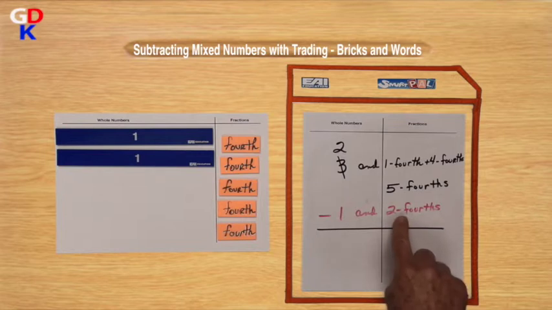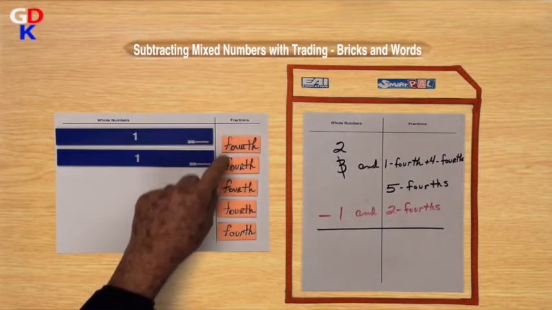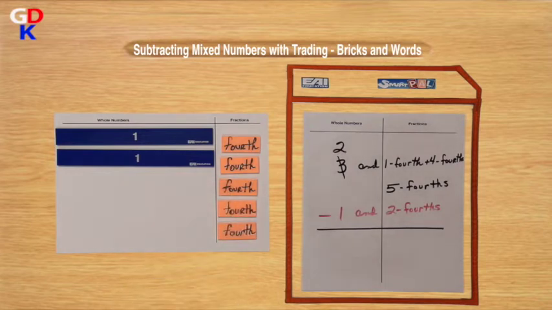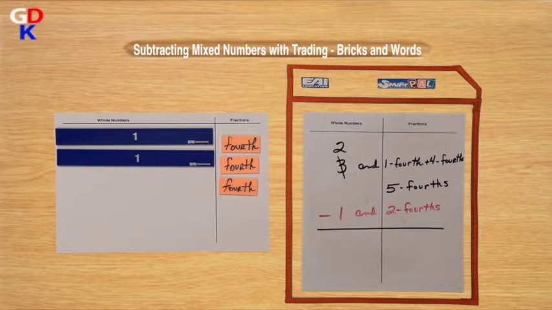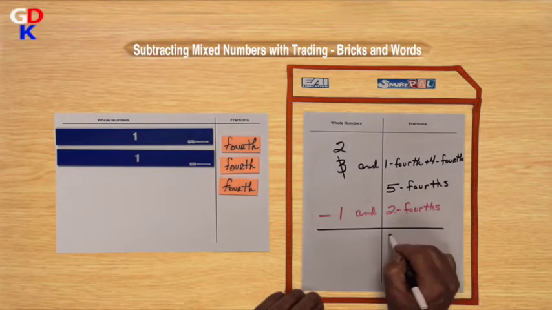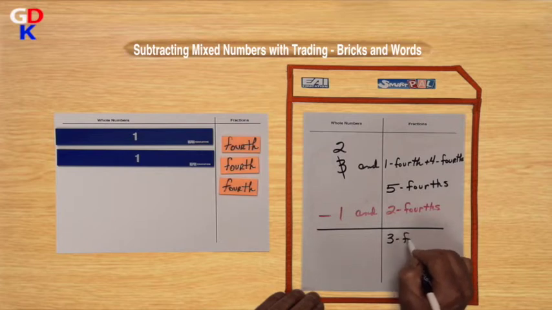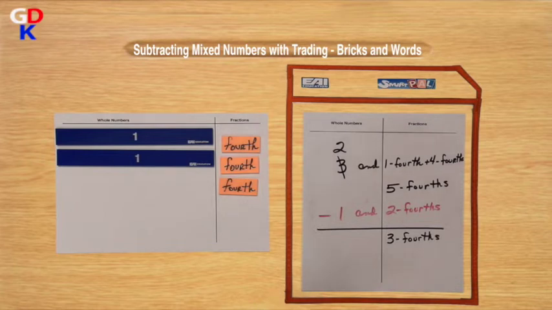We wanted to subtract 2/4. We can now subtract 2/4 because we have 1, 2, 3, 4, 5/4. So let's subtract 2/4. That leaves us with 3/4, and we record that. In the original problem also, we wanted to subtract 1.